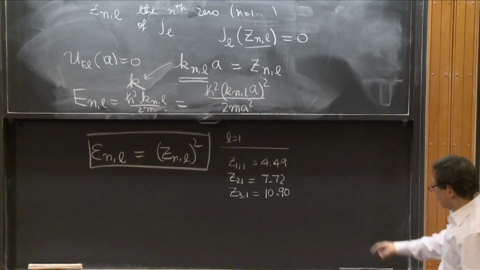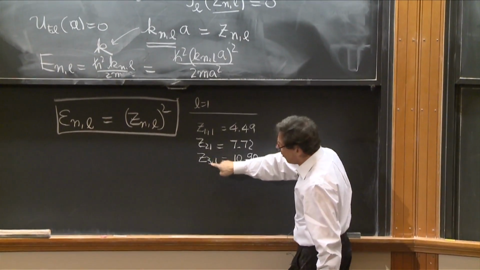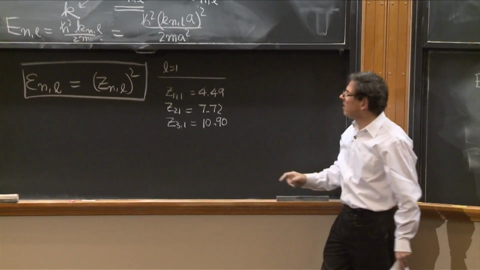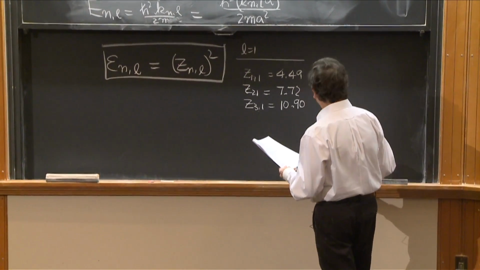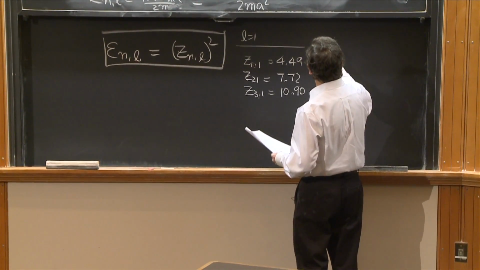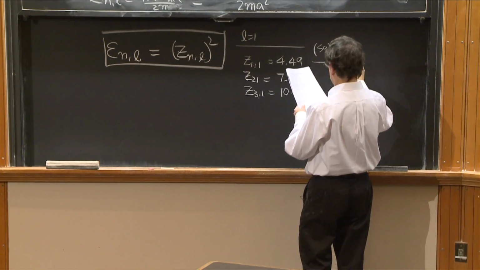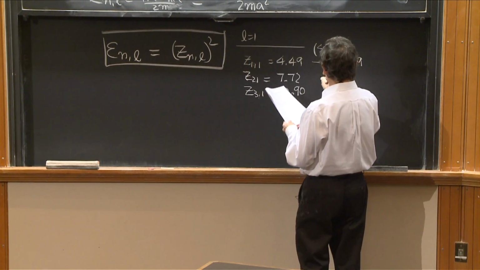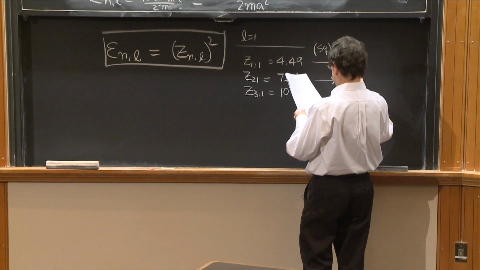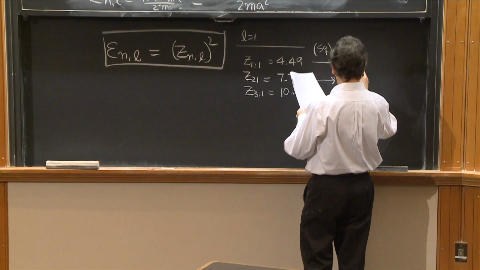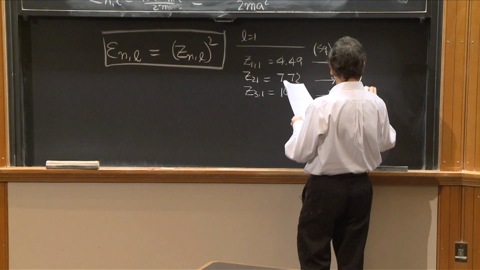You can continue with the first non-trivial zero, second non-trivial zero, third non-trivial zero, and it goes on. The energies are the squares. So the squares squared goes like 20.19, this goes like 59.7, and this goes like 119, roughly.